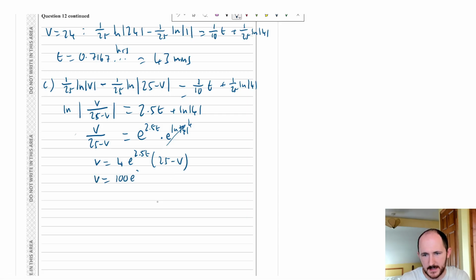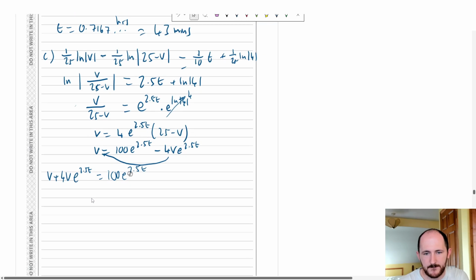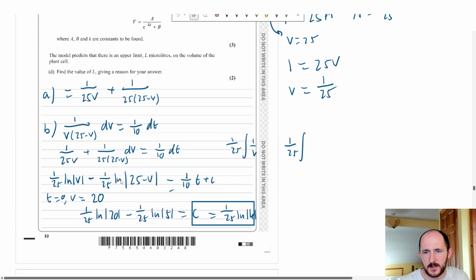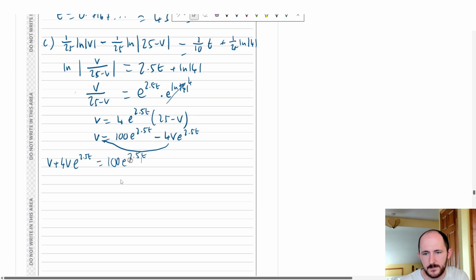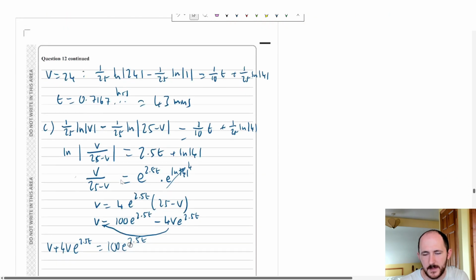100 e to the 2.5t minus 4v e to the 2.5t. I'm going to move the v's to this side. So we get v plus 4v e to the 2.5t equals 100 e to the 2.5t. Factorize a v and then we can divide it over. Yes, we can.